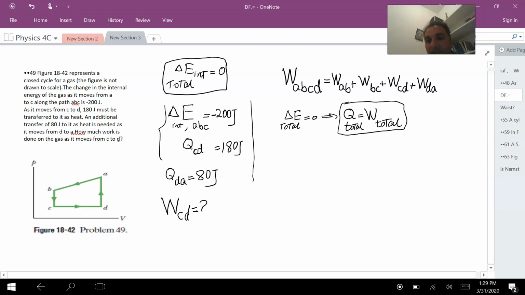Now, let's find each section. What is work done? Look, work done in the path of A, B, C, which is W in ABC.